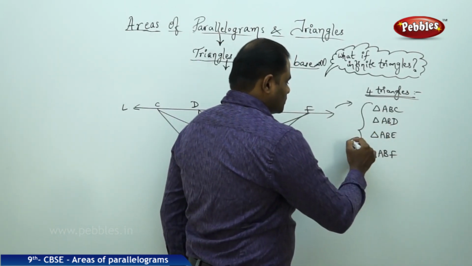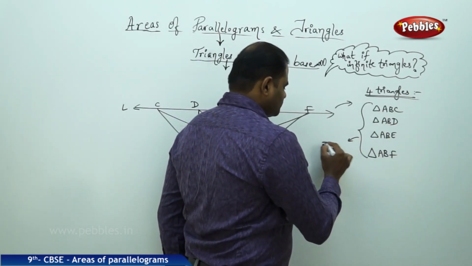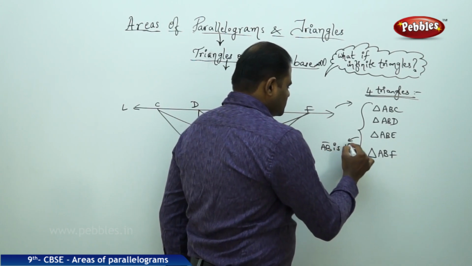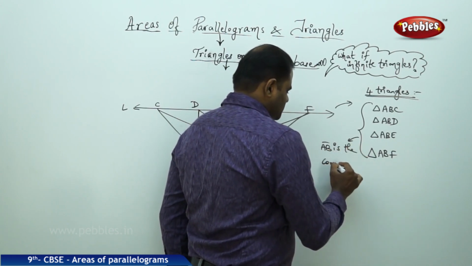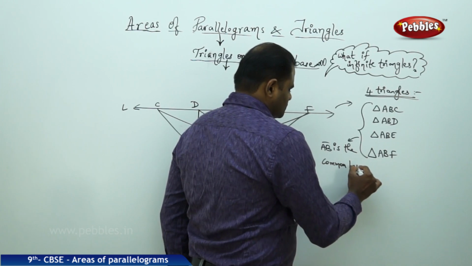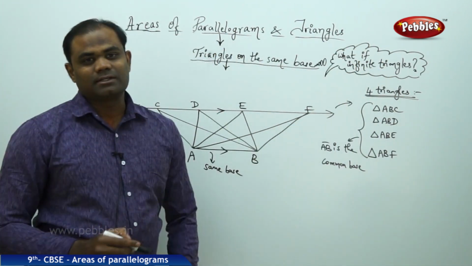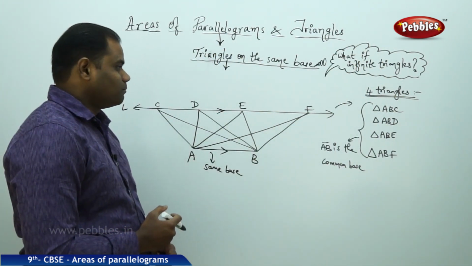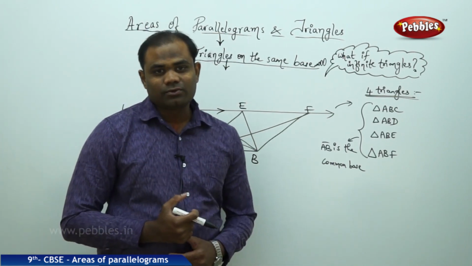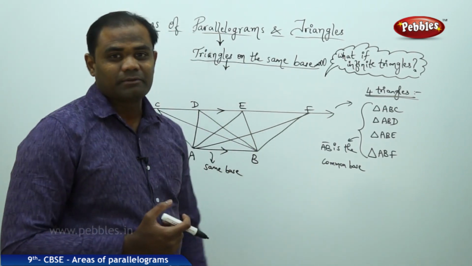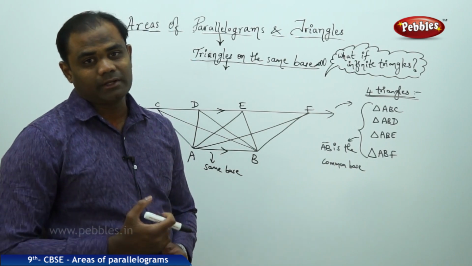Interestingly, AB is the common base for all the 4 triangles considered. So according to the property, 2 triangles on the same base and between the same parallels are equal in area.